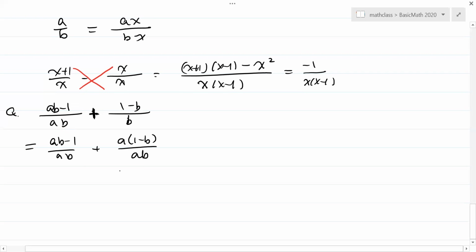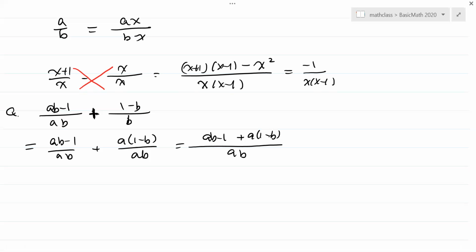Right? Because then a cancels out, you still get b minus 1 minus b over b. Then you can add them together. So ab minus 1. Remember, you have to show all the details when you do the homework. So if you make mistakes, you have an answer key I will give to you.